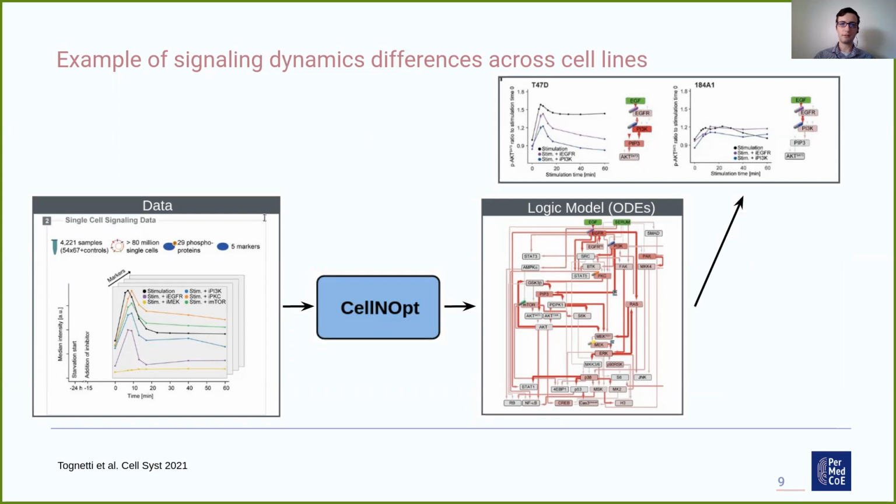However, sometimes we have large networks that are built and simulated by CellNOpt, and in those cases, using high-performance computing would help us to more quickly and easily get our analysis.